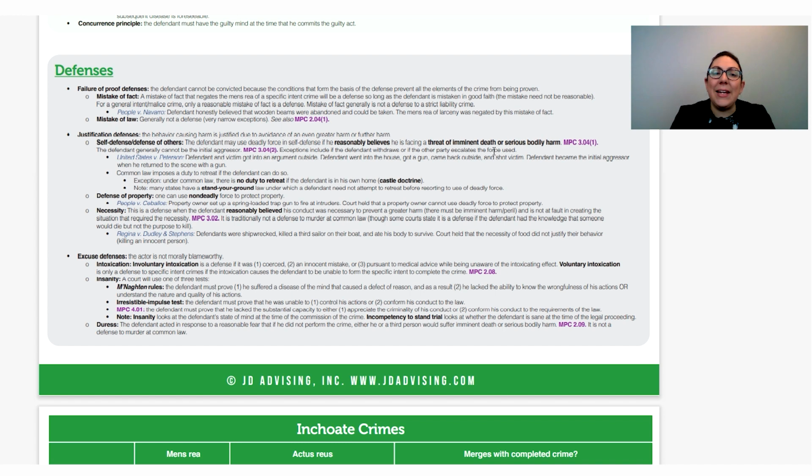Under the insanity defense, there's a few different tests that a court may use. Some courts use the M'Naughton test, under which the defendant has to show that he suffered a disease of the mind that caused a defect of reason. That's really hard to show. That's a high standard for the defendant to meet, to show that he has a disease of the mind.